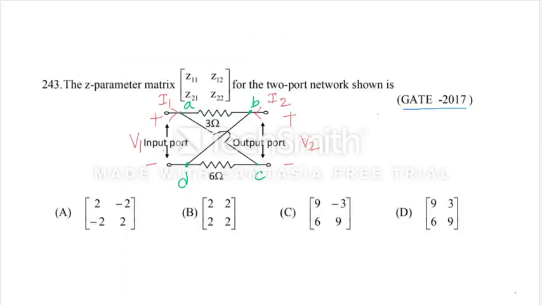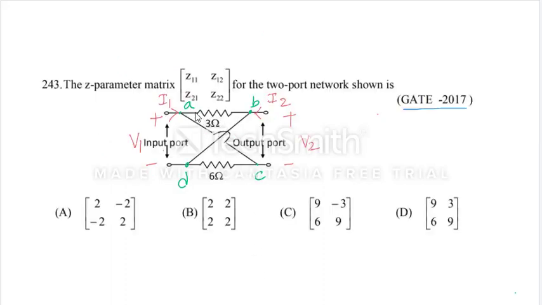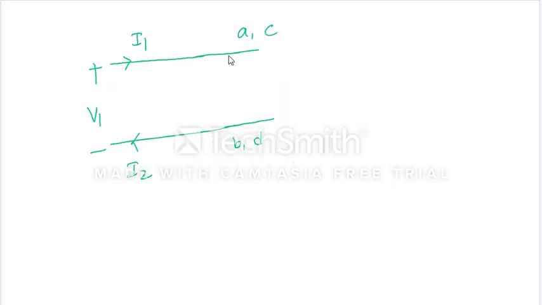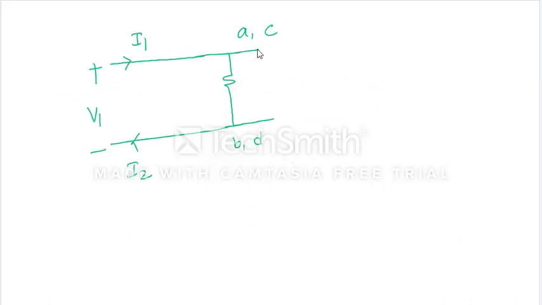Next, B and D are also the same. Between A and B we have one element, which is 3 ohm, and between C and D we have one more element, this is 6.